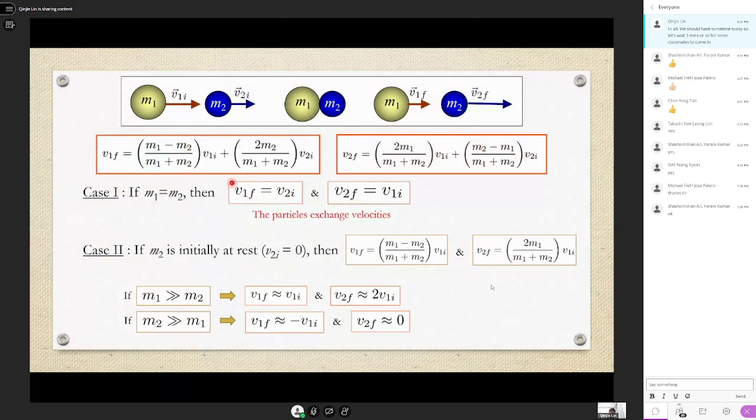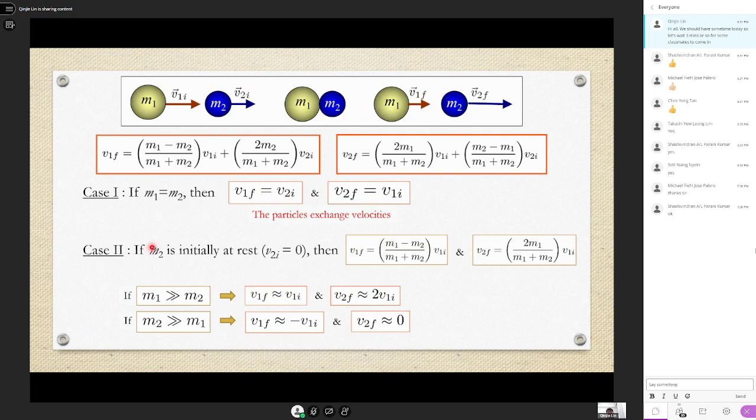In the end, you get something very simple: V1F equals V2I, and V2F equals V1I. It actually means the particles exchange velocities. This is something that you will observe if you take two billiard balls hitting one another. After collision, they exchange velocity.